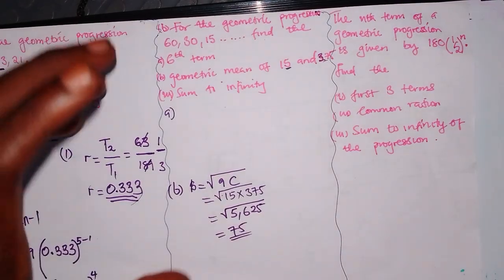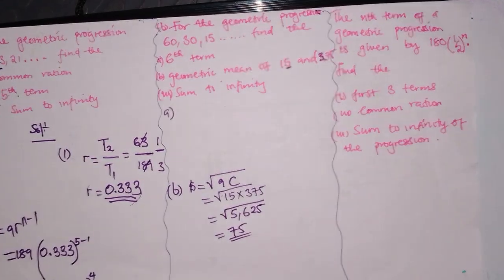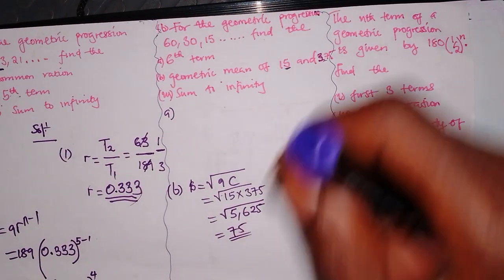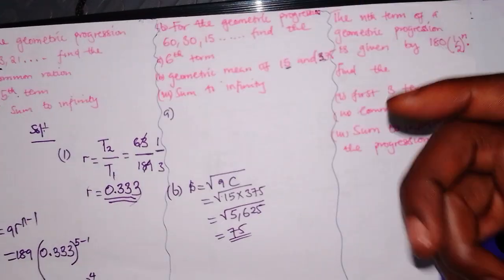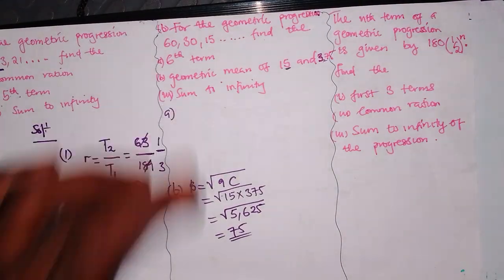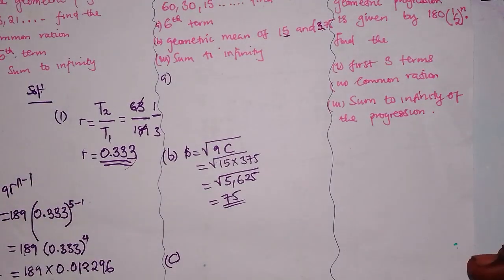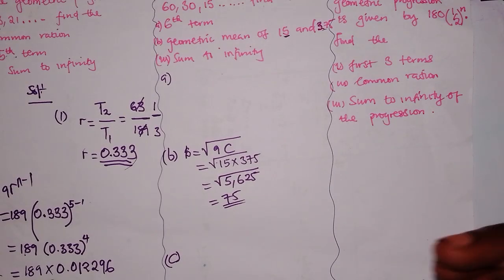So again, if you see sum to infinity, just know that your common ratio is less than 1. These two questions, I've left them on purpose for you to try, so that you can build up momentum towards your exam.